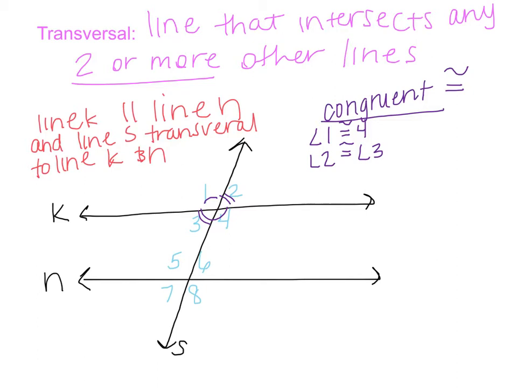So we can say angle 1 and angle 5 are in the exact same spot if we put them right on top of each other. So angle 5 is also congruent to angle 1 and 4. So if angle 5 is, well, that means that angle 8 is also congruent to those other 3 angles. Well, then let's look. Also, angle 6 is congruent to 2 and 3. And the same thing can be said about angle 7.